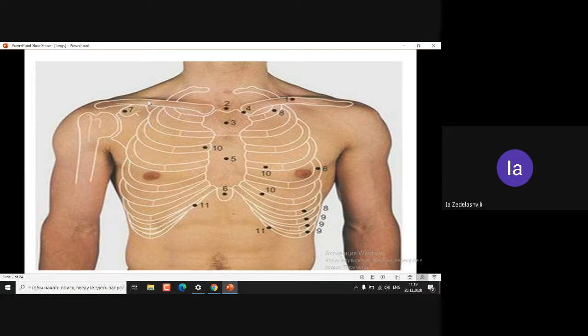So let's continue. What do we have to check? We always begin our examination with our eyes, when the patient first comes. We have to check the skin at first, the color of skin.